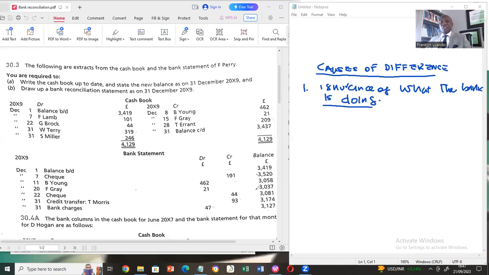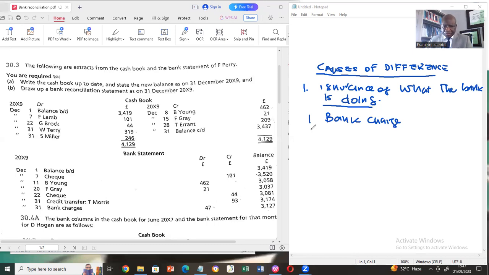Now, the bank will charge bank charges. The bank charges are generated by the bank, so the entity is not aware about the bank charges. They'll only know about that when they receive the bank statement.